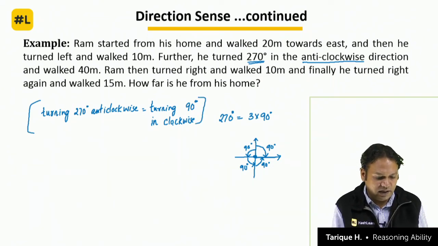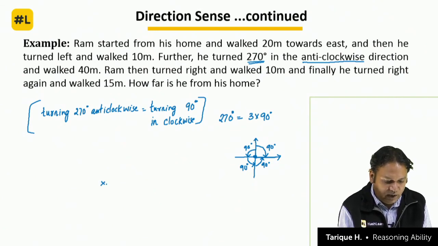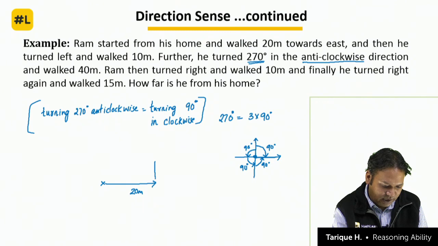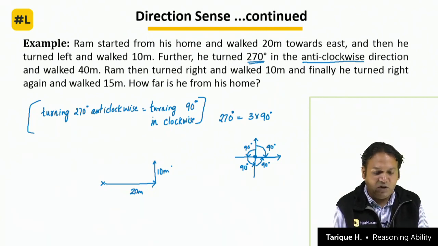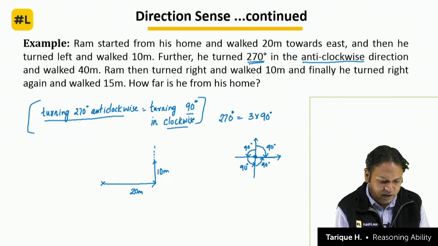So, if we solve this question, Ram started from his home, let us say this is his home, and walked 20 meters towards east, then he turned left and walked 10 meters. So, he will go this side 10 meters. Further, he turned 270 degrees in the anti-clockwise direction. Again, 270 degrees anti-clockwise is the same as 90 degrees clockwise. So simply we will say he turned 90 degrees clockwise and walked 40 meters.